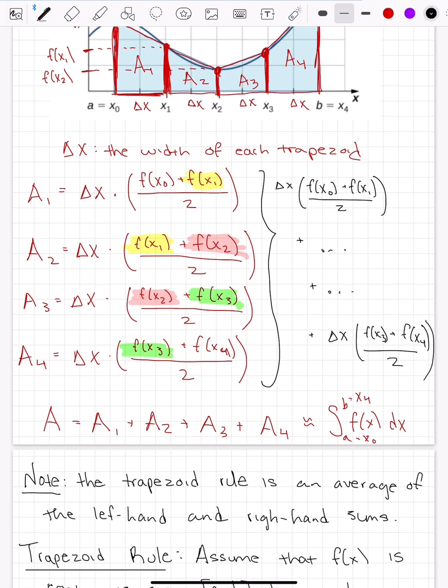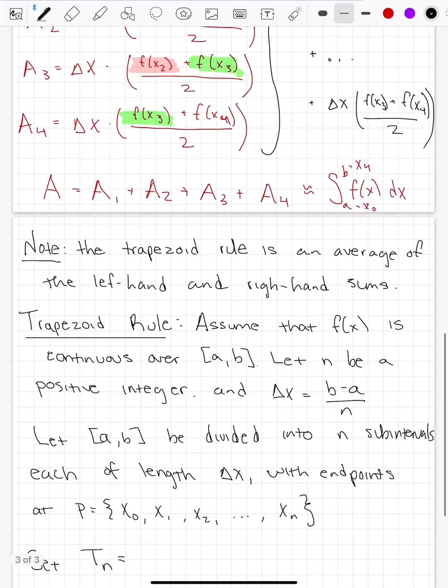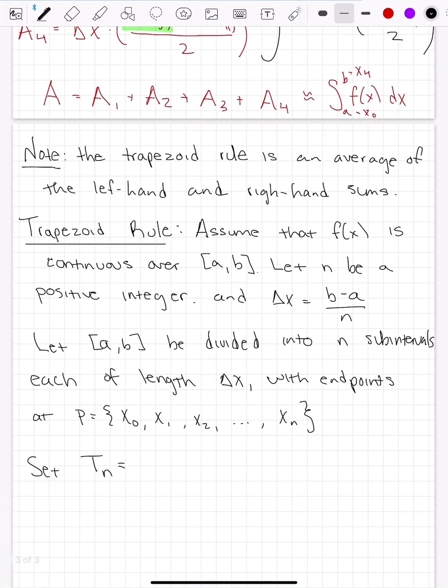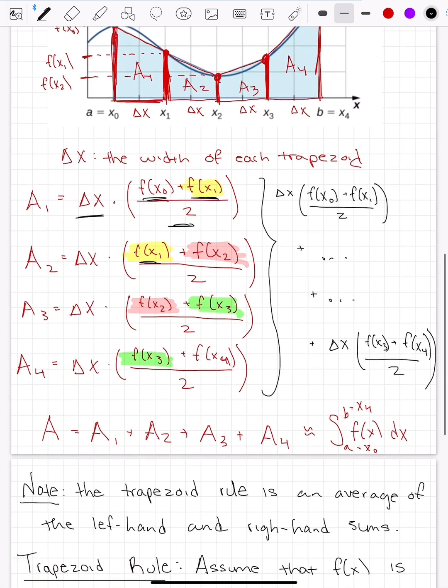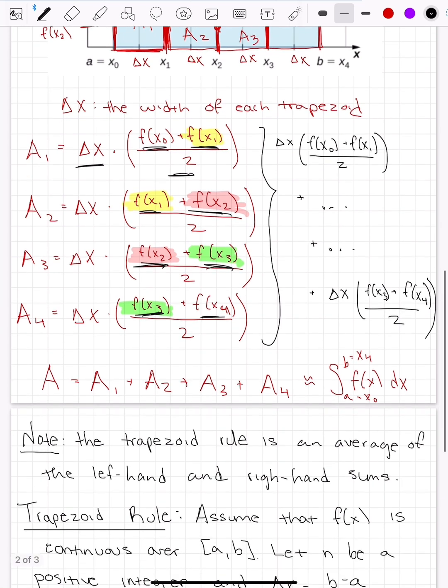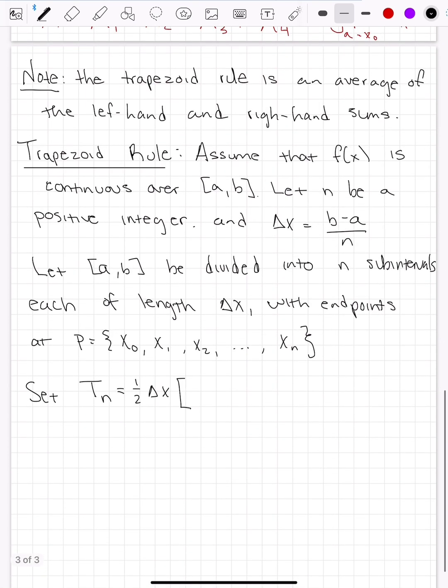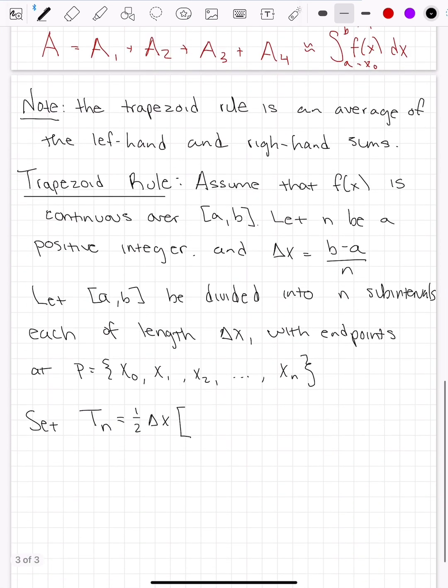Right, and so if you notice, they all have a change in x and a 1/2 in common, so we can pull that out front, and then we'll have a 1/2 change in x, and then what's left is the sum of all of the inner heights. However, notice that all but the first and the last one get added in twice.